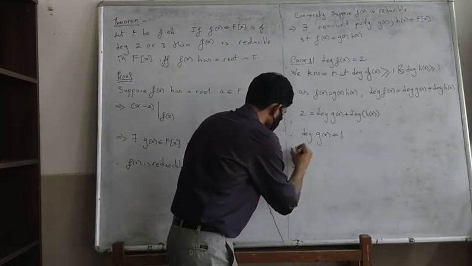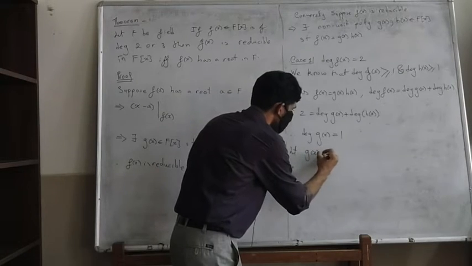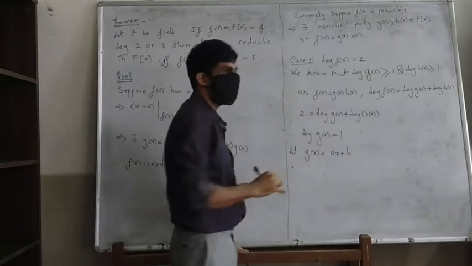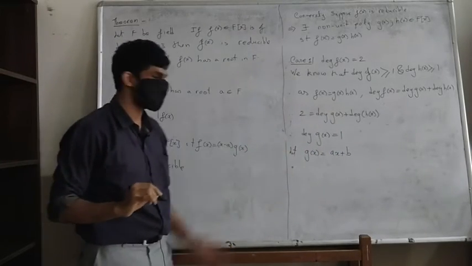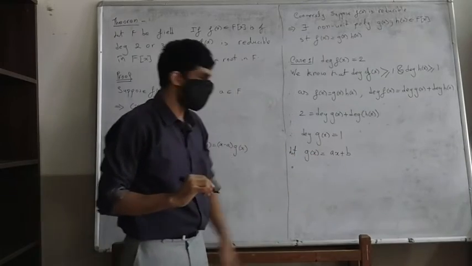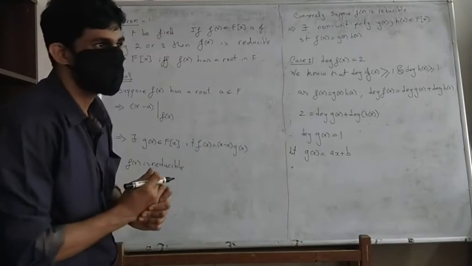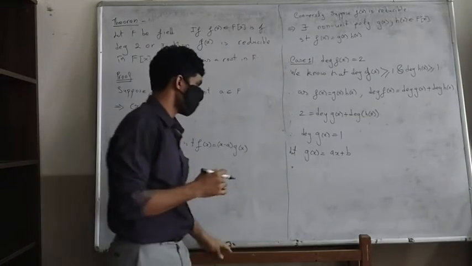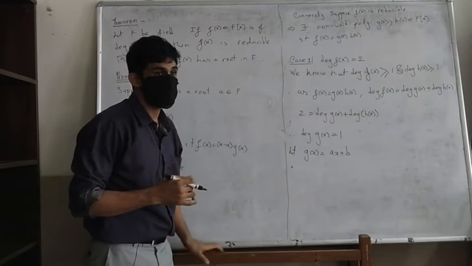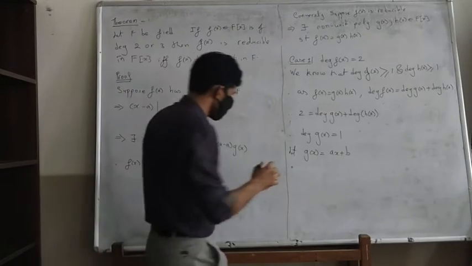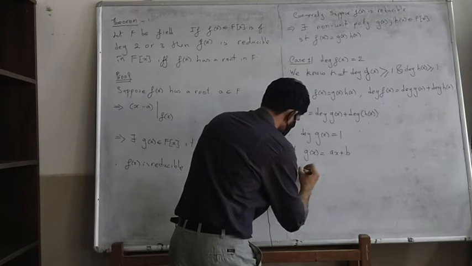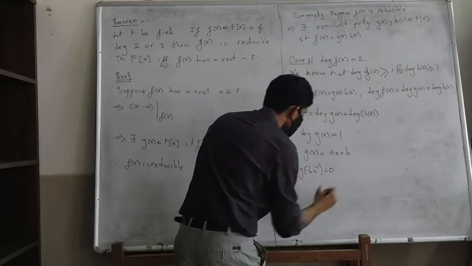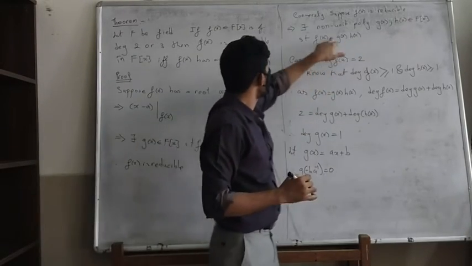So let us say that g of x is some polynomial ax plus b. Now in this case, a will be non-zero, because the degree of g of x is 1. Can you tell me a root of g of x? Exactly. So the root of g of x would be minus b times a inverse. So therefore, g of minus b times a inverse would be 0, but h is this into this.